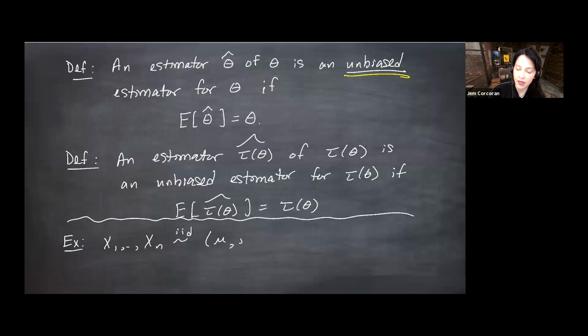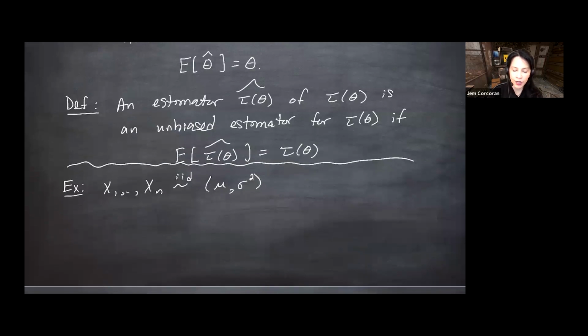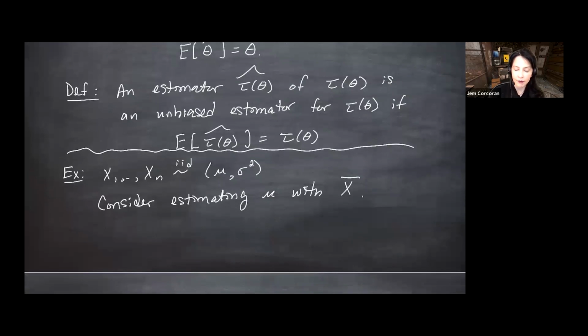And I'm not going to say what distribution. So we're going to consider estimating mu with x bar. So I'm going to say mu hat is x bar. You could say mu hat is 11, or something else.